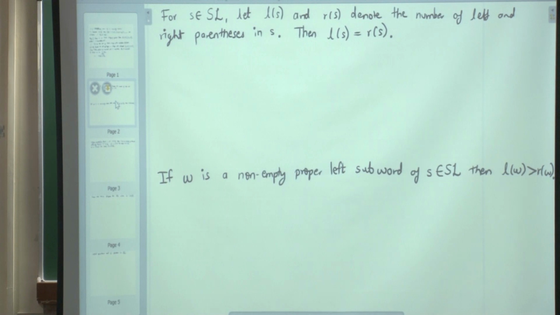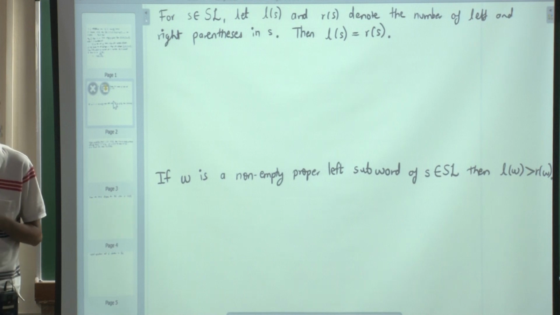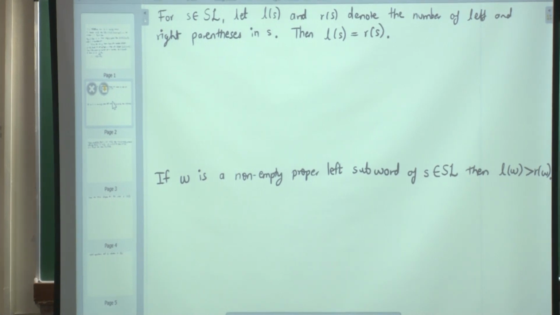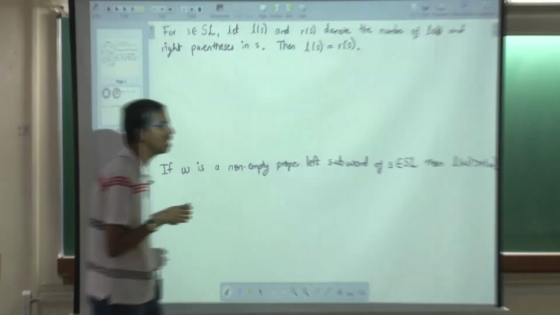Suppose S is an L formula and let LS and RS denote the number of left and right parentheses in S. Then can you show that LS is equal to RS? What kind of formulas are there?